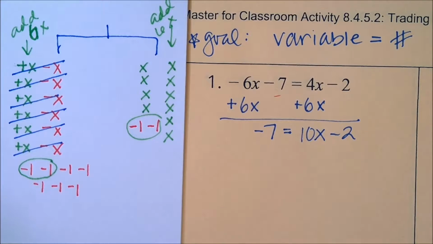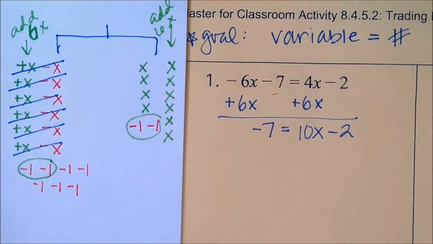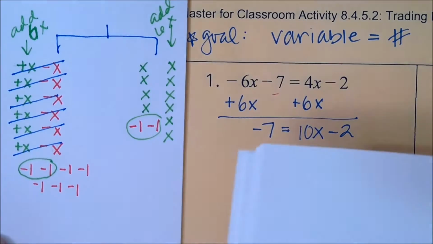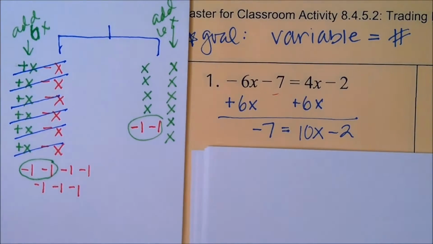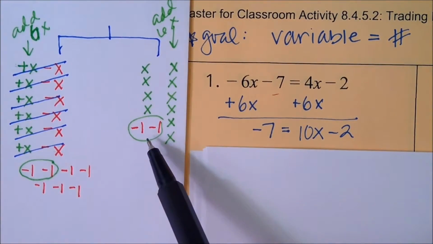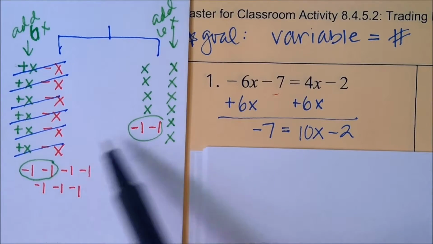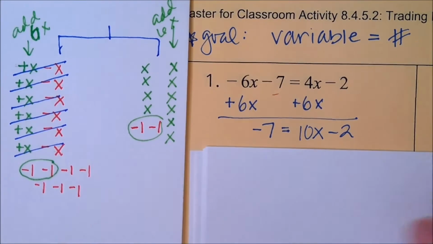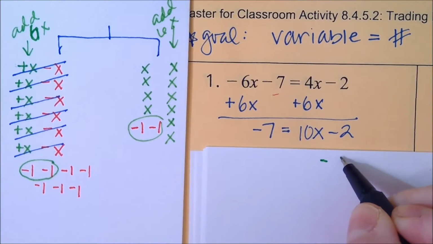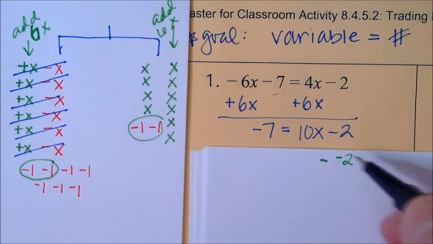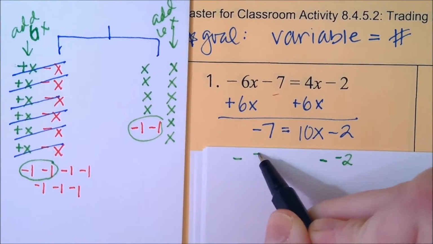The only problem with that, and I'm not going to rewrite over this, let me show you for a second. If I were to think about this as removing 2 negatives, it would look like this: minus negative 2, minus negative 2.